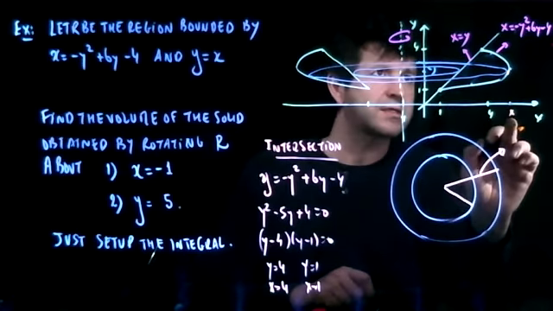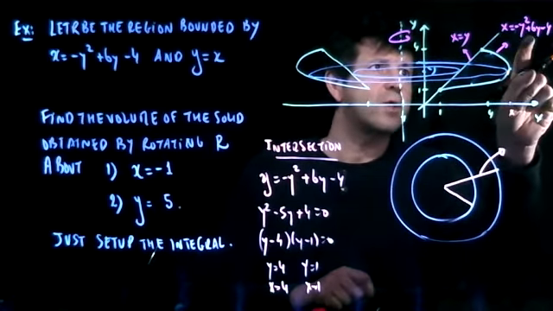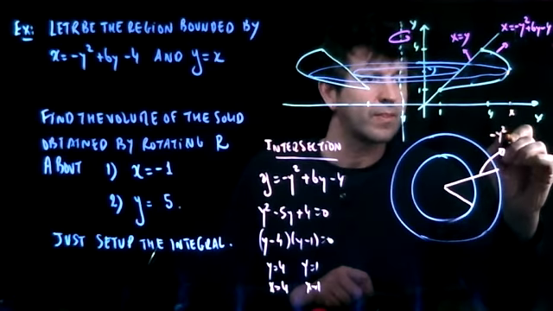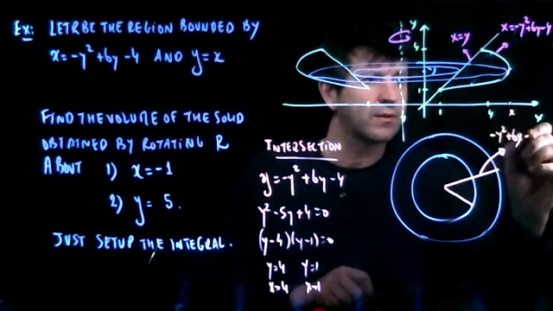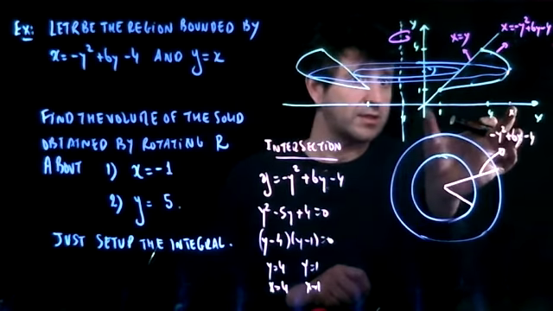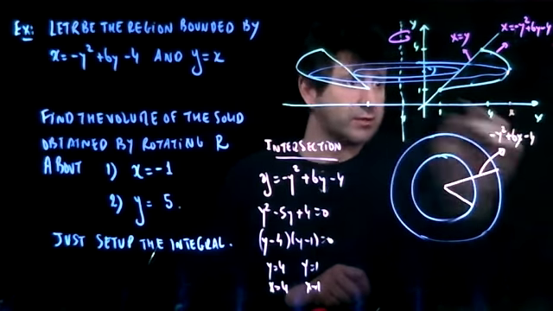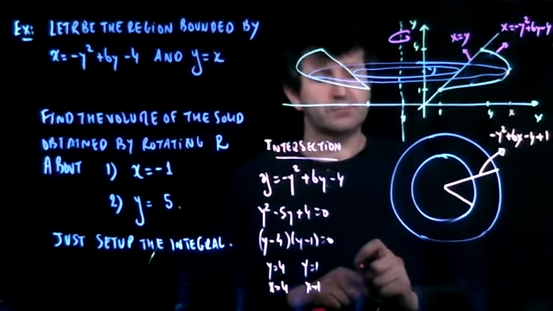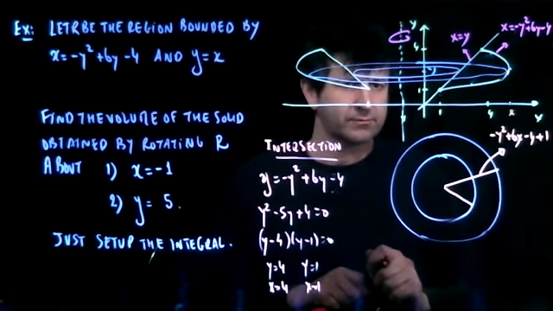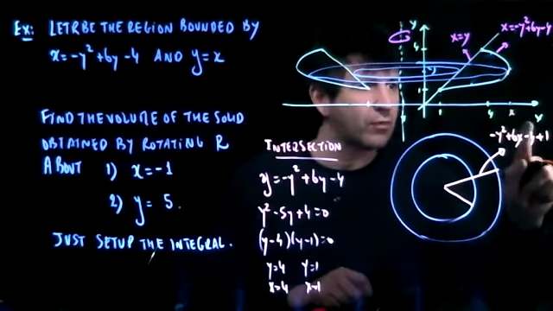But the x is actually negative y squared plus 6y minus 4, plus 1. This is the x plus the 1 here. That's a 4.